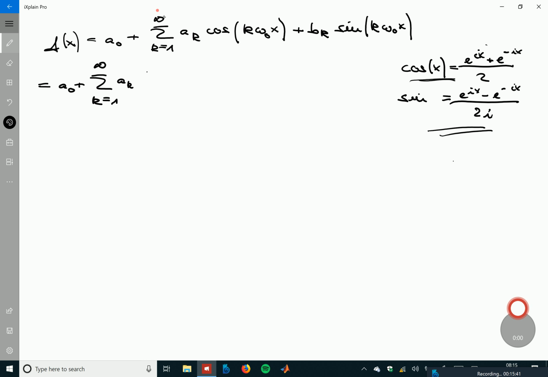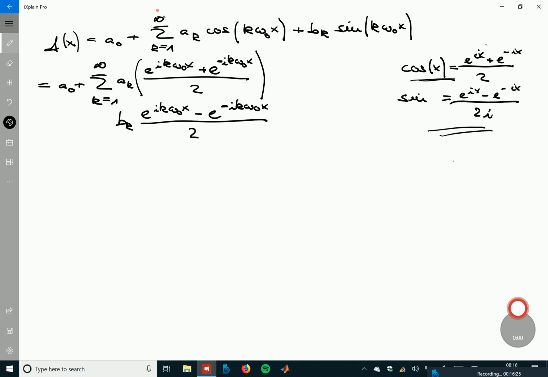So we get e^(i k omega 0 x) plus e^(-i k omega 0 x), and we divide it by 2 because that's what this equality says, plus maybe I write directly underneath, plus bk, and now we replace the sine and get e^(i k omega 0 x) minus e^(-i k omega 0 x) divided by 2i.